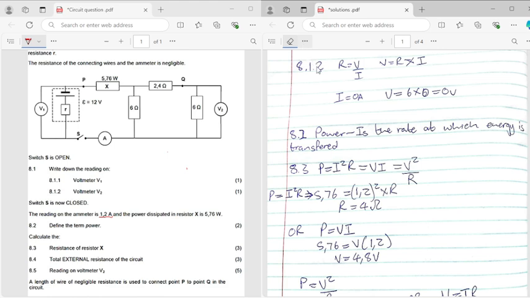For those who are not good with algebra, I'll write this other method that I skipped. When you have P equals I squared times R, remember that we want to solve for R, so we divide both sides by I squared.